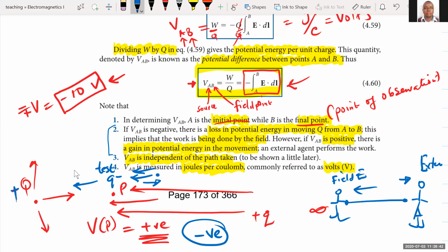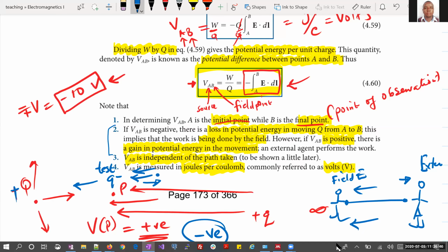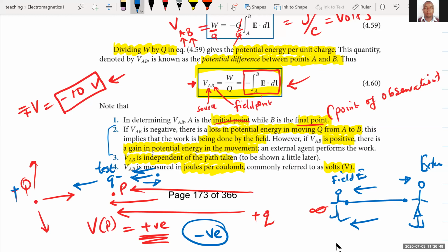If the field is pulling you towards itself, that means it will achieve a negative potential. It has a negative value. But if this person, or let's say it was a boy, not a girl now, was being pushed away, but nevertheless he came, then the work that was being done by this field was opposite.